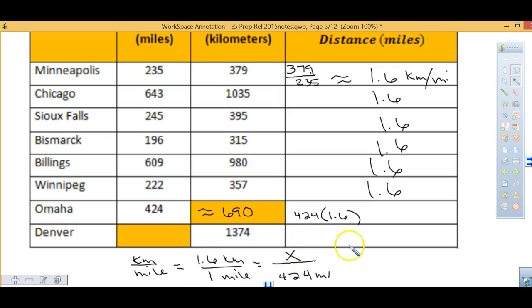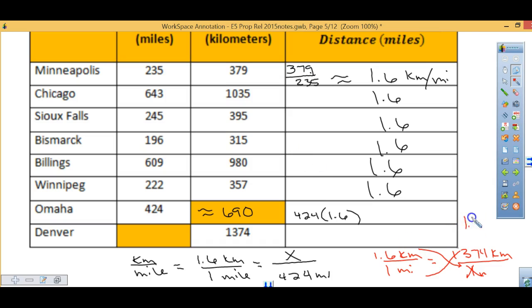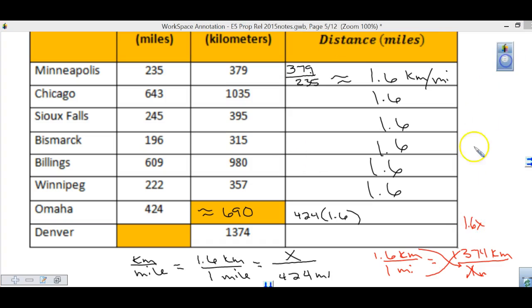And in this next one, again, we want to think of our proportion. We have 1.6 kilometers to 1 mile. And this time we know that this is 1374 kilometers, and we are looking for x miles. We don't know how many miles. So what are we going to do this time? We're going to multiply across. We're going to take 1.6 times x, so we have 1.6x equal to 1374.